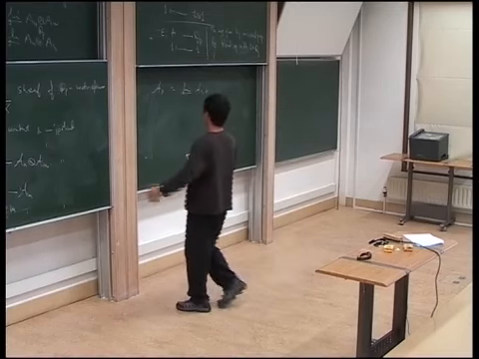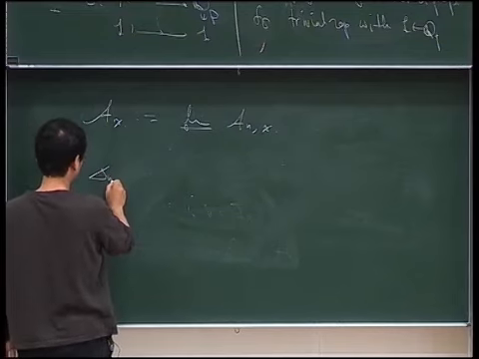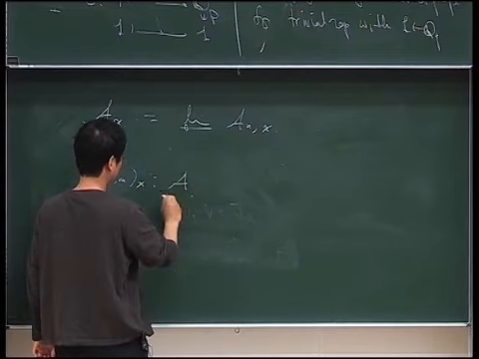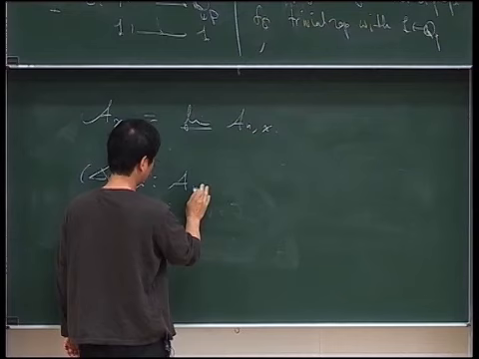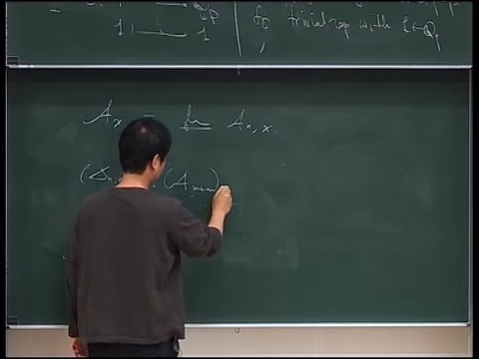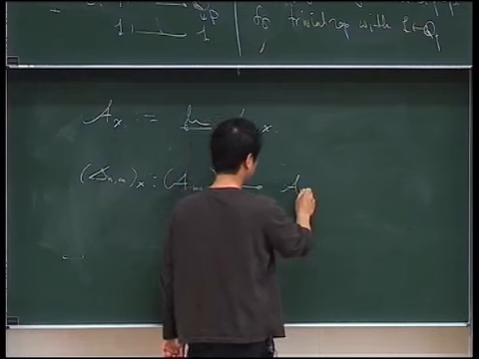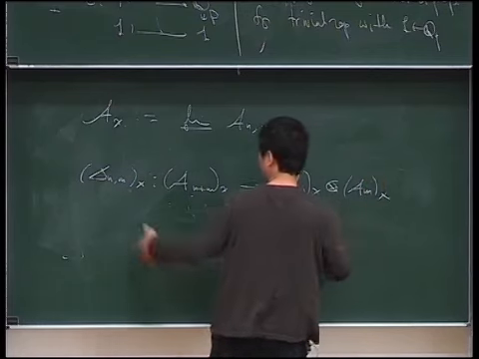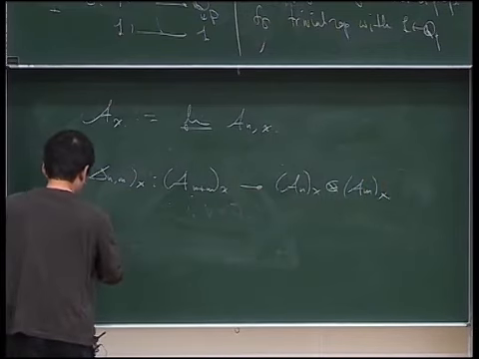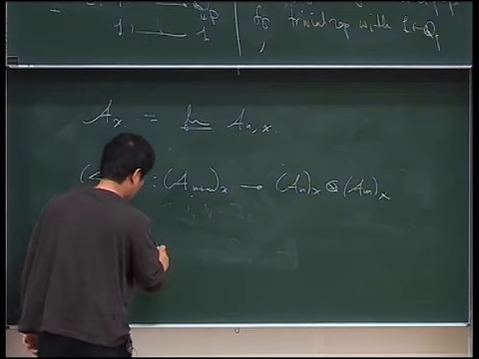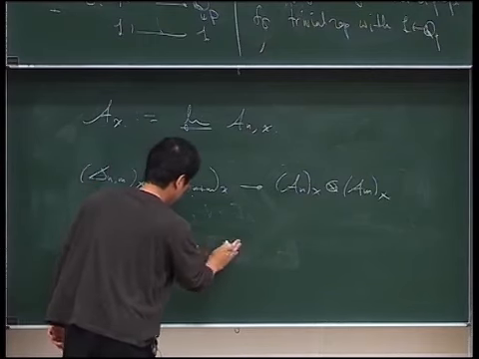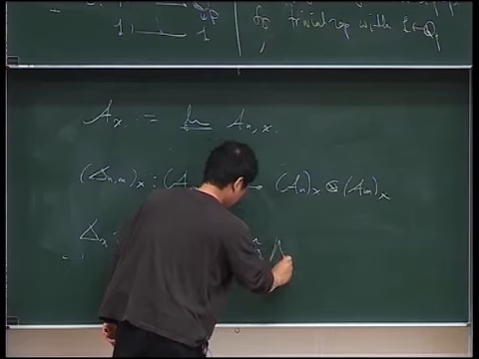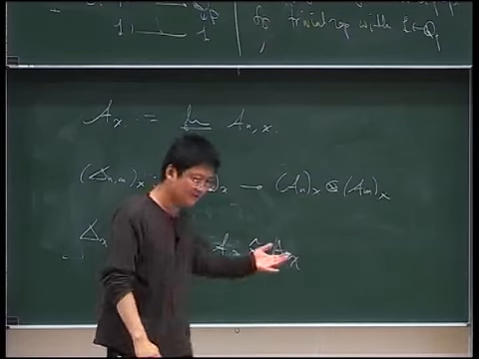If you look at those maps, we have delta sub n,m. The stalk at x is, first of all, there is a map from the stalk of A_(n+m) at x to the stalk of A_n at x tensor the stalk of A_m at x. And so we can take the inverse limit of that, and we get delta_x, which is a map from A_x to A_x completed tensor product A_x.